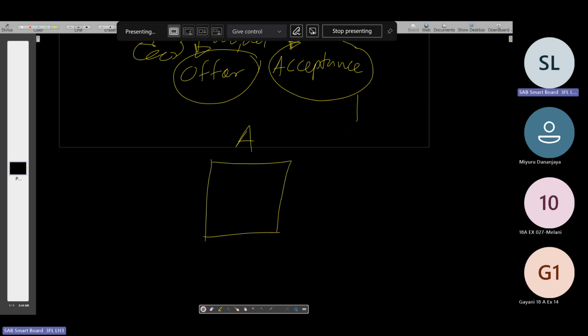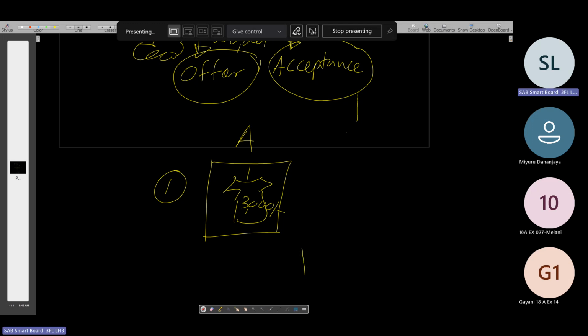He displayed goods in his shop window. I have taken this example. Suppose A is a shopkeeper. He displayed a shirt in his shop window or the showroom with price mark 3,000 rupees. So we can identify this as the first step, displaying goods in the shop window.